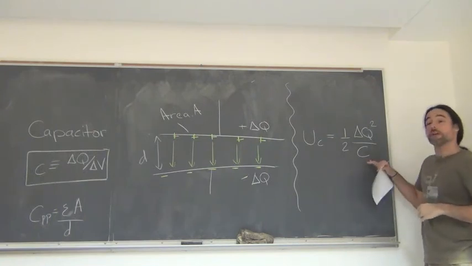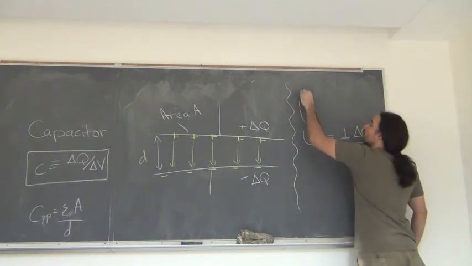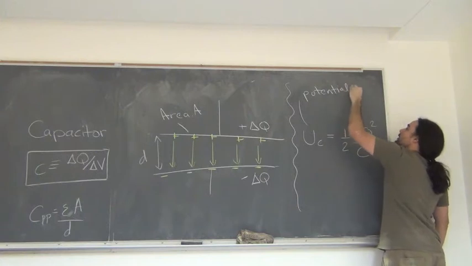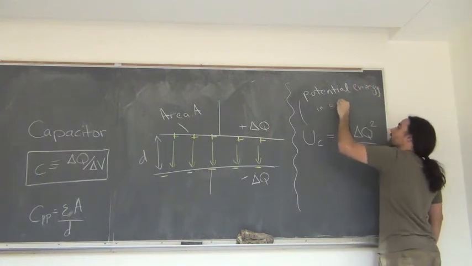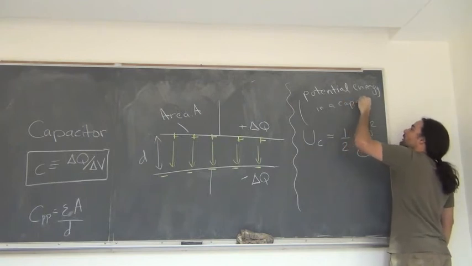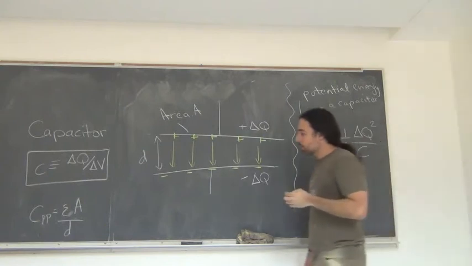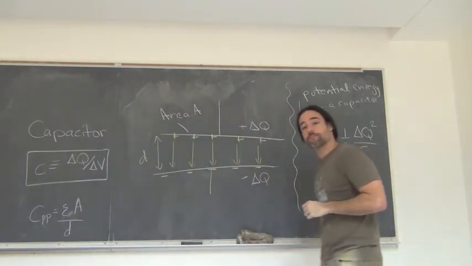Now this is not the only way to write the potential energy stored in a capacitor. This is not the only way to write that, because again, we have this other formula for capacitance.